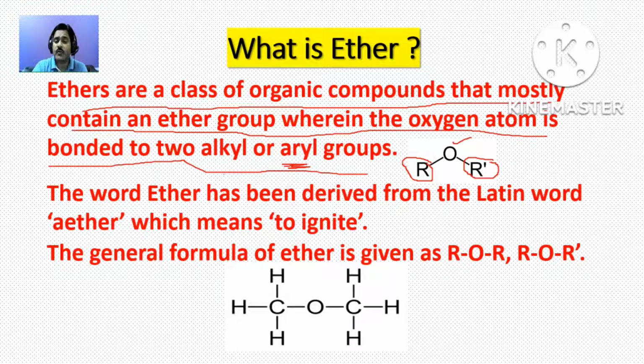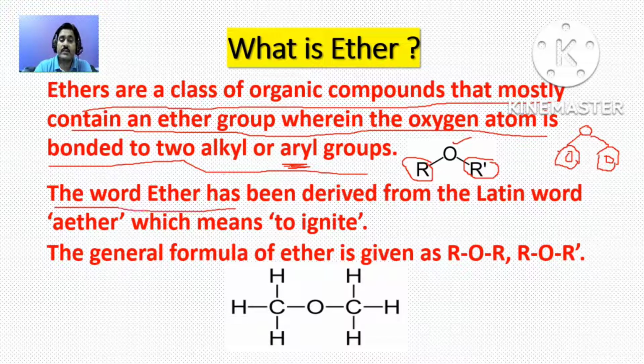Two aryl groups, for example, if an aryl group is combined with oxygen like that, a benzene ring, and similarly another benzene ring is there. If two aryl groups or two alkyl groups are combined with an oxygen atom, that is called an ether.